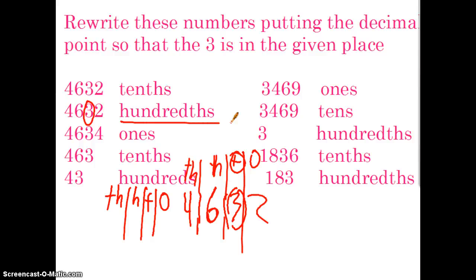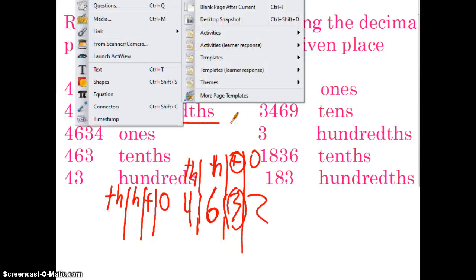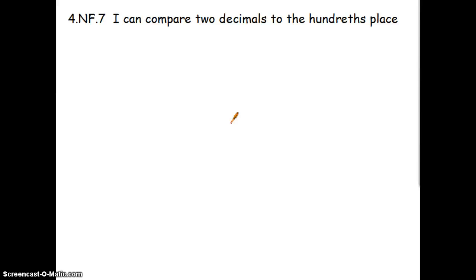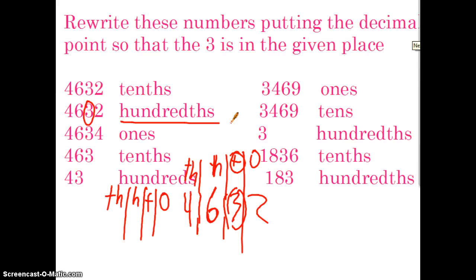I'm going to insert another page just real quick. And then we're going to look at that number again, 3632, and it needs to be in the tenths place. So, did I do that right or did I go backwards? Yeah, 3632, and it's supposed to be in the hundredths place.